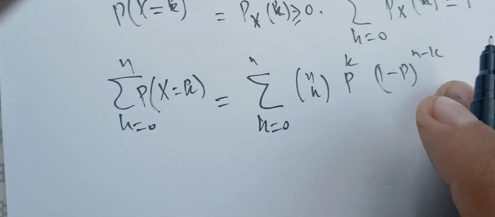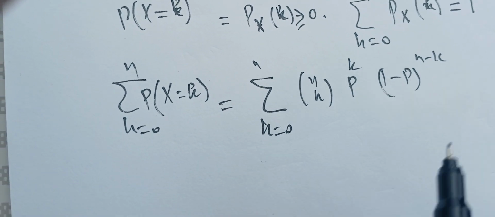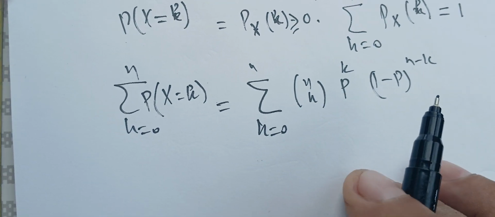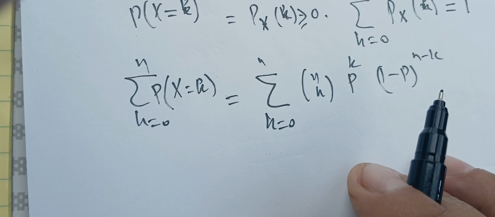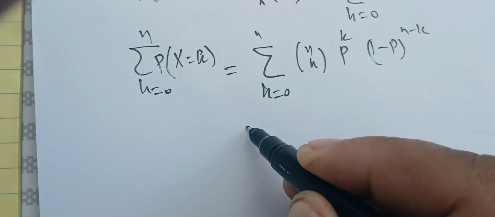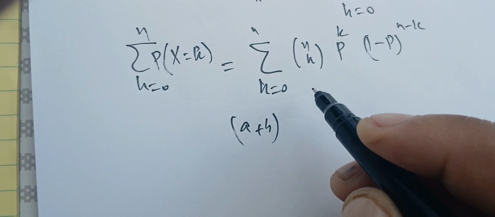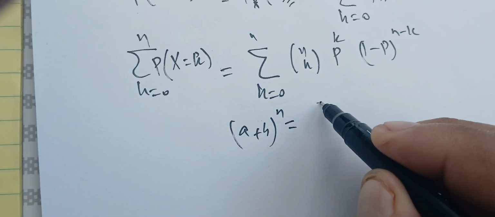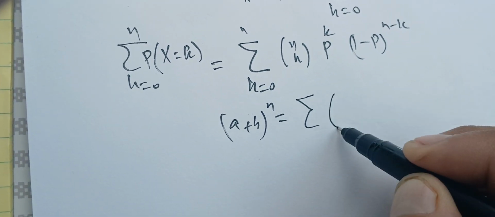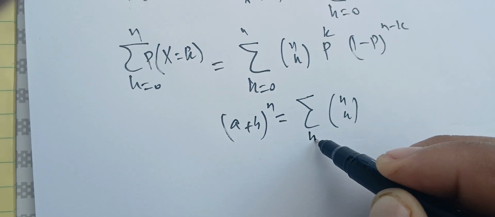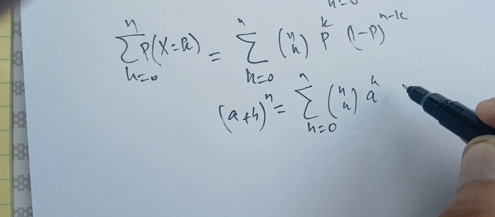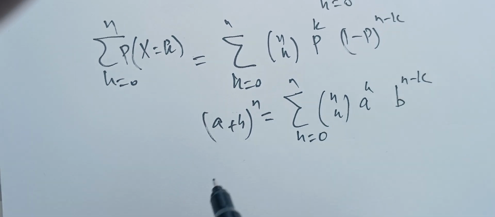Here we don't need to do a lot of effort to see the result. We use the binomial theorem. Given any a and b, we have a plus b to the power n is the sum of n choose k, where k is going from 0 to n, times a to the k, b to the n minus k.